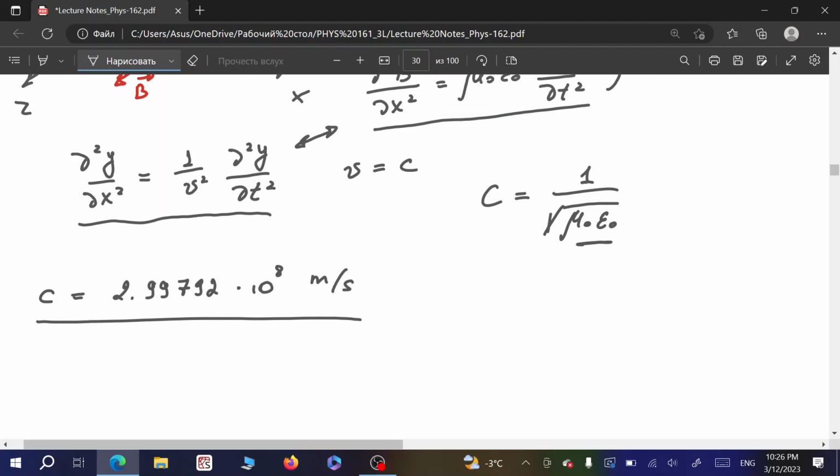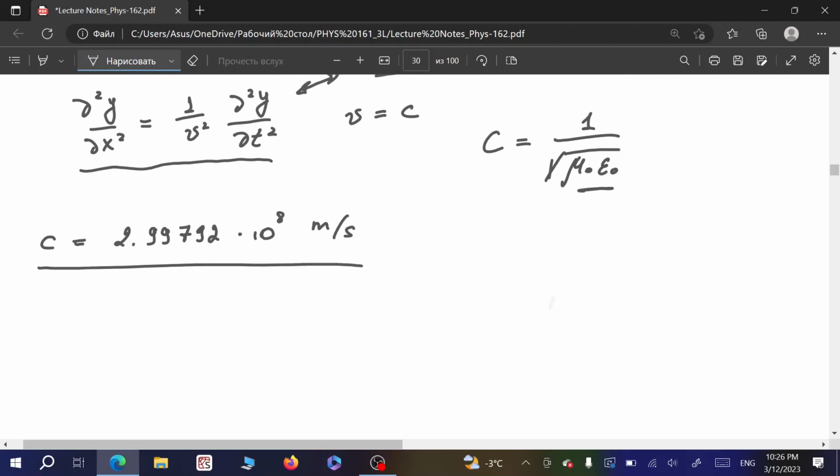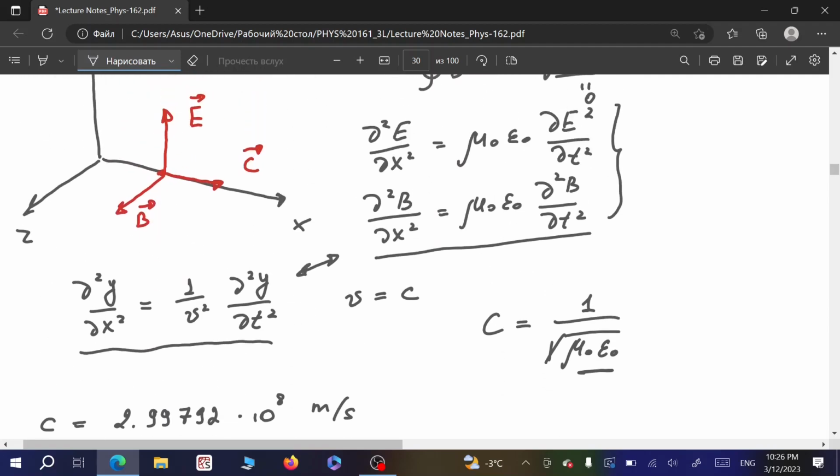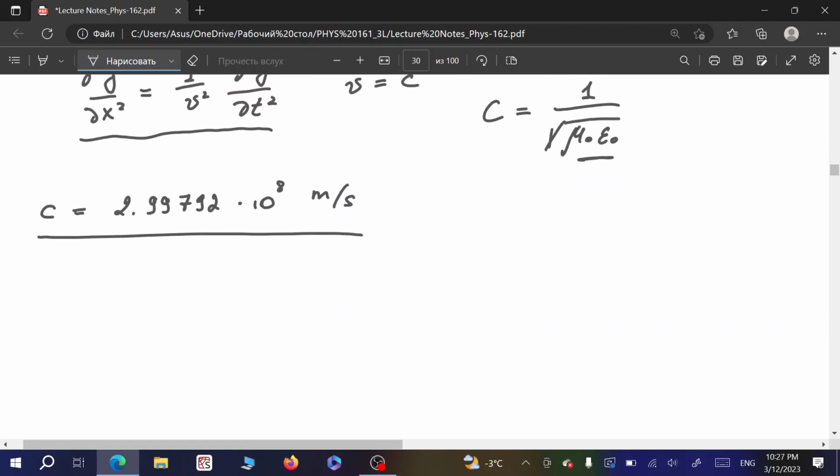So now the solutions for these wave equations, which we got for electric field and magnetic field, can be written in the following form.